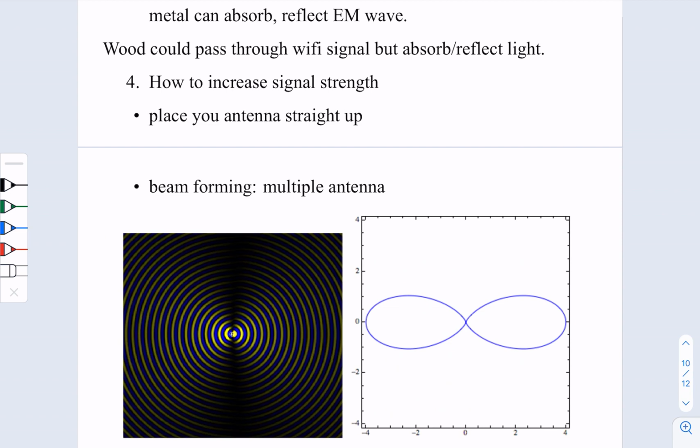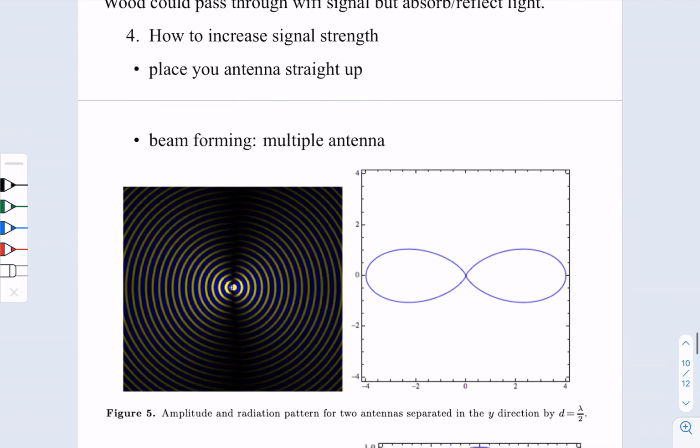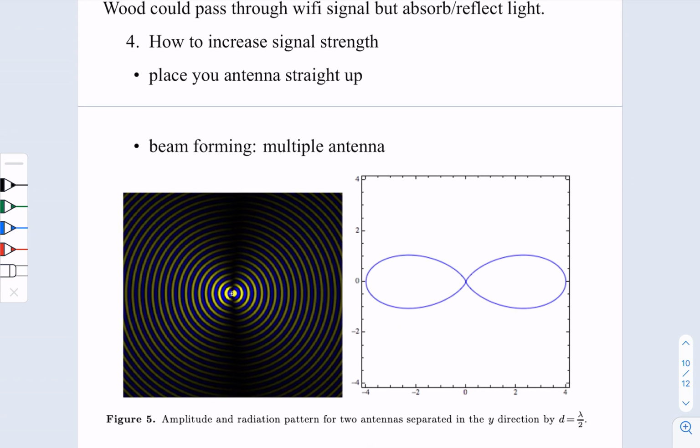Having two antennas simply means you have two sources, and you simply need to add up the waves either constructively or destructively. So here, this is trying to plot the waves for having two antennas that are exactly separated by the wavelength over 2.